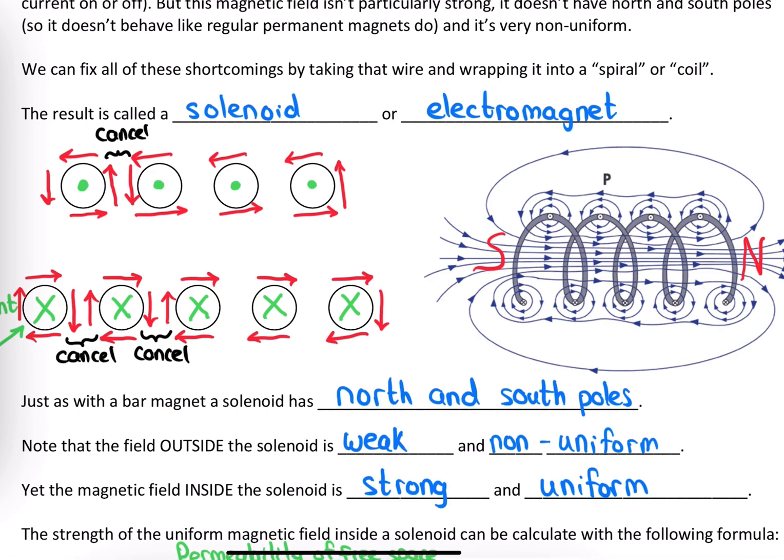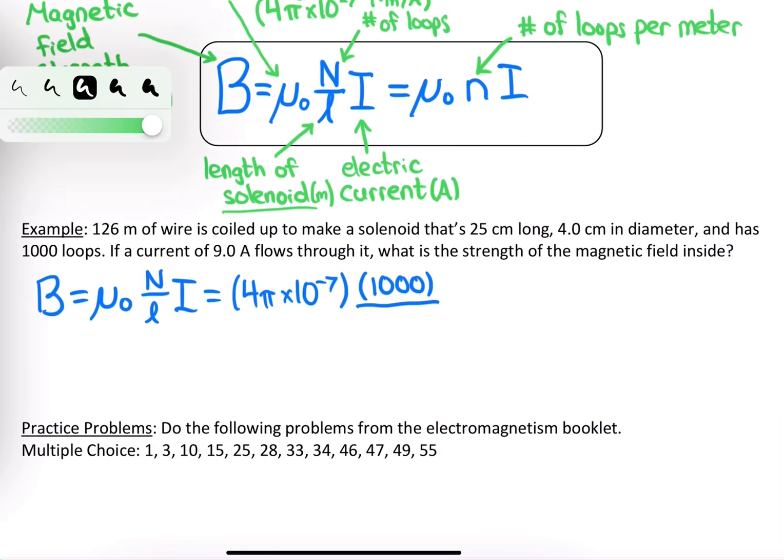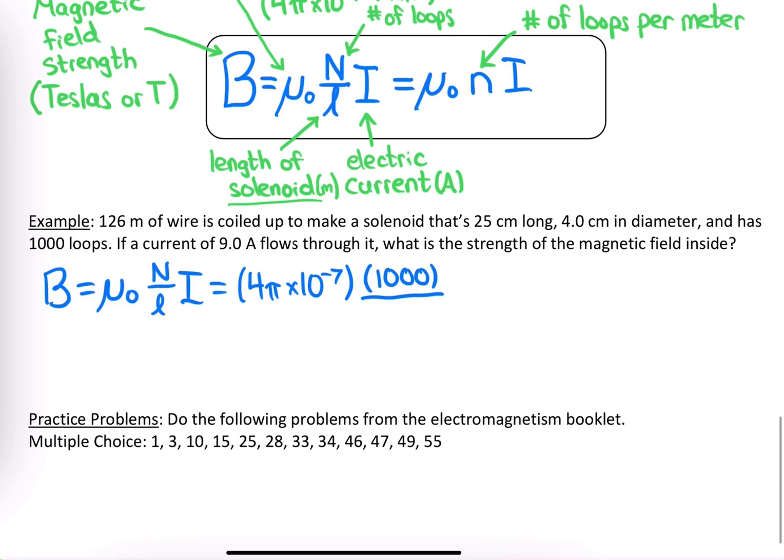It's not the total length of all the wire that we use to make it. It's simply the length from the start to the end of the finished solenoid. And in this case, that's 25 centimeters. And then we need the current flowing through it, which is 9 amps.